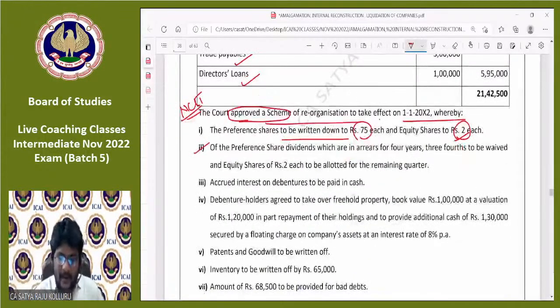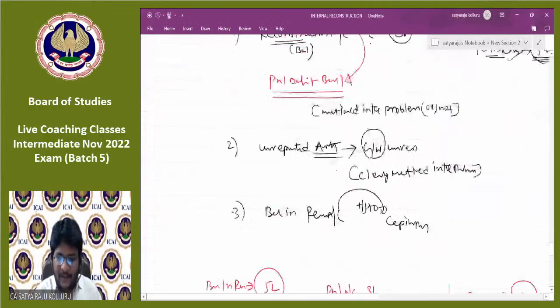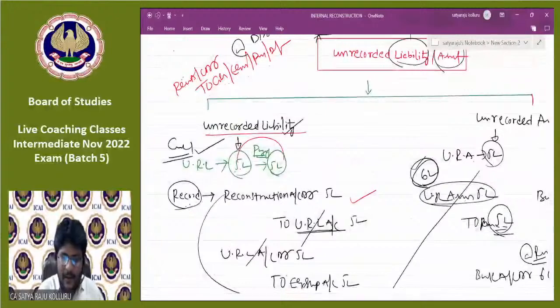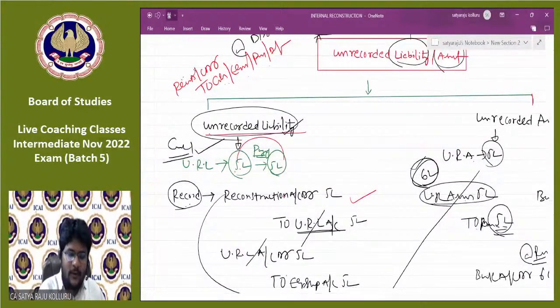Okay, come back. Of the preference share dividends which are in arrears for 4 years. Oh my God. Sir, why did I tell the concept of unrecorded liability here? Most of the times in questions, they will represent the unrecorded liability as arrears of cumulative preference dividend.